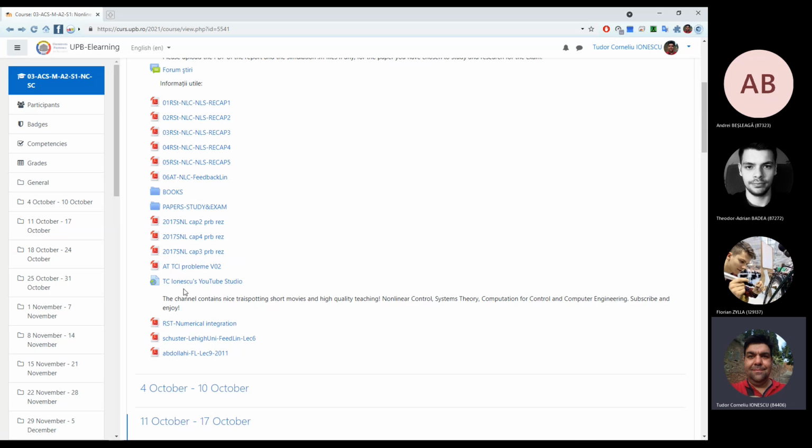This is the mother Bible of nonlinear systems. It's a wonderful book. I totally recommend you go through this book, browse this book, and check out the examples. There are a lot of exercises there, and there is the Chinese manual of solutions. Maybe that can help.